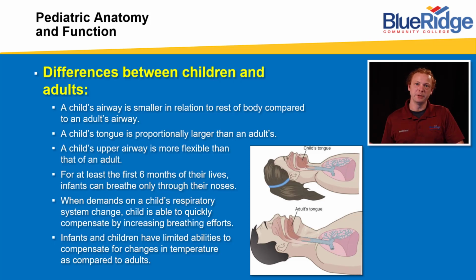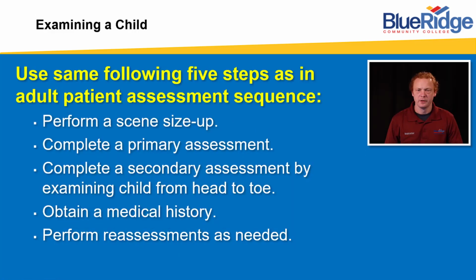But the biggest key there is to prevent the rapid temperature change, whether it's hot or cold. You can see here in this schematic the comparison of a child's tongue to an adult's tongue proportionately.